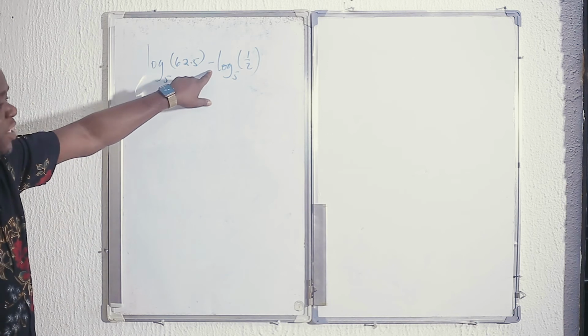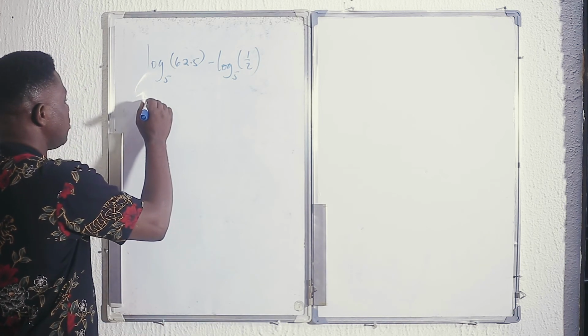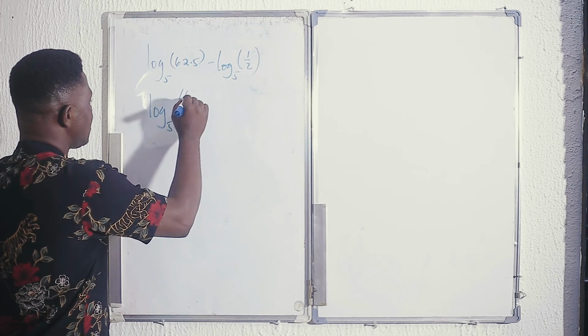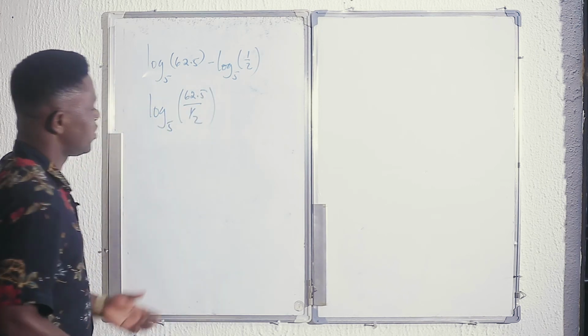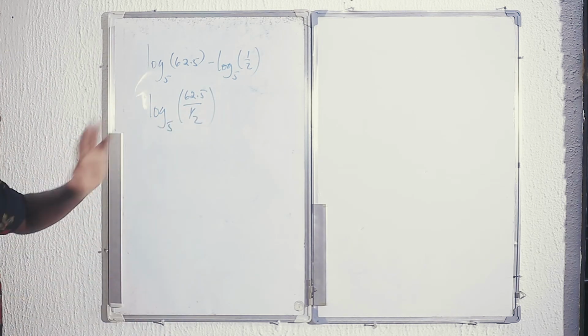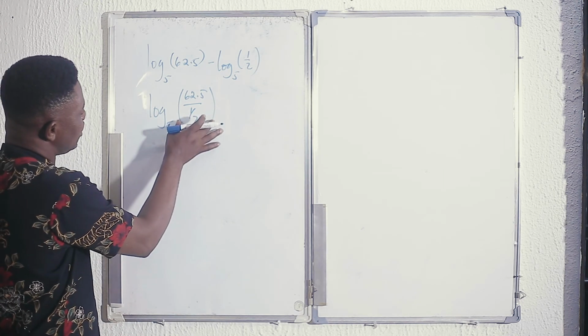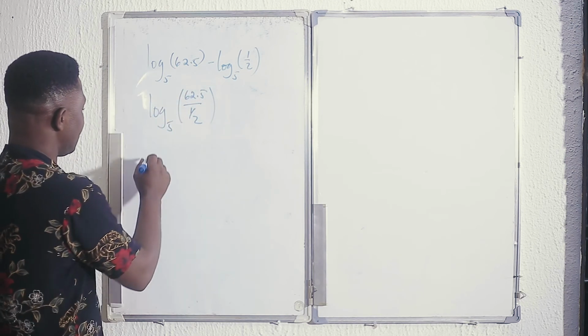Because there is a minus here, according to the law of logarithm, we can bring this together to be log base 5 of 62.5 all over 1 over 2. Remember the law of logarithm? So we can bring this together like this. So since 1 over 2 is the denominator, of course, we can take 2 up and 1 will be down.